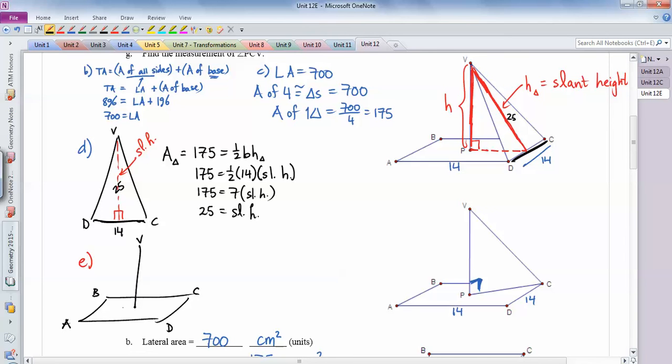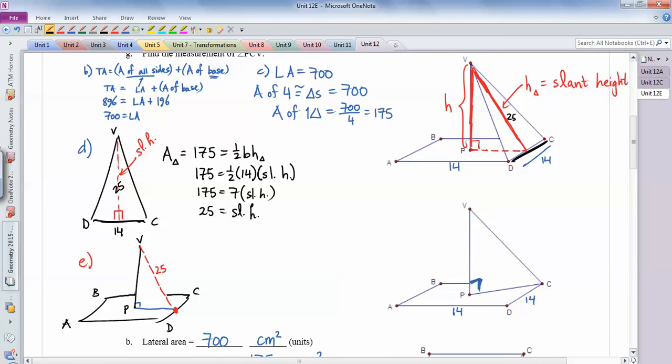So it's V up here and P down here. And then I'm going to draw in that slant height. And notice that hits the middle of C and D. So this was the 25. And then I've got this line that goes from P over to the middle of C and D. Okay, and then I'll even make it look a little bit more 3D by doing that.